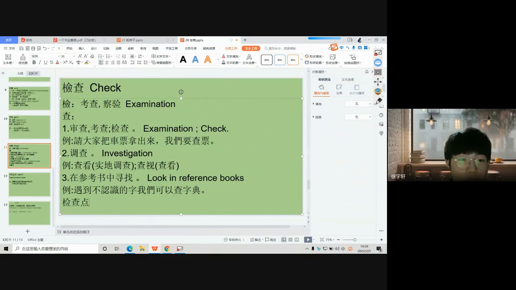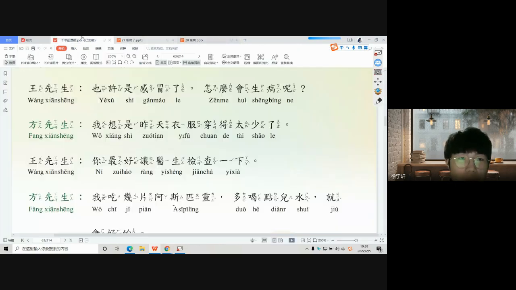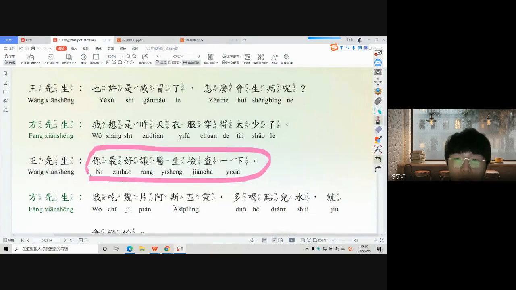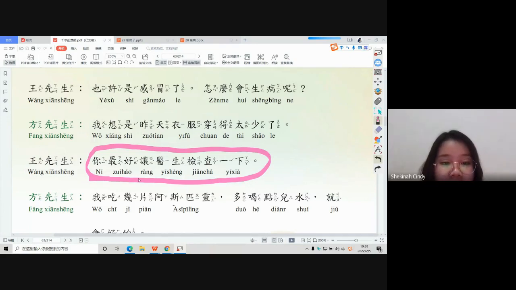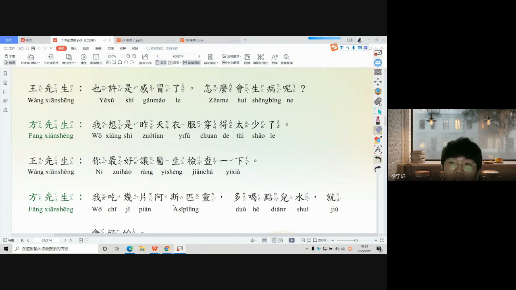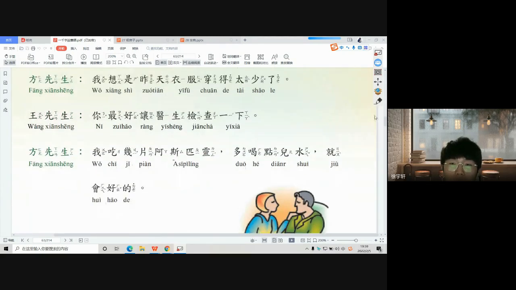If you see these words in Taiwan, you need to be alert because maybe you need to show your ID or something. Okay. So, try to translate this one for me. It's best for you to let the doctor check on you, check your body. Yes, that's a good translation.